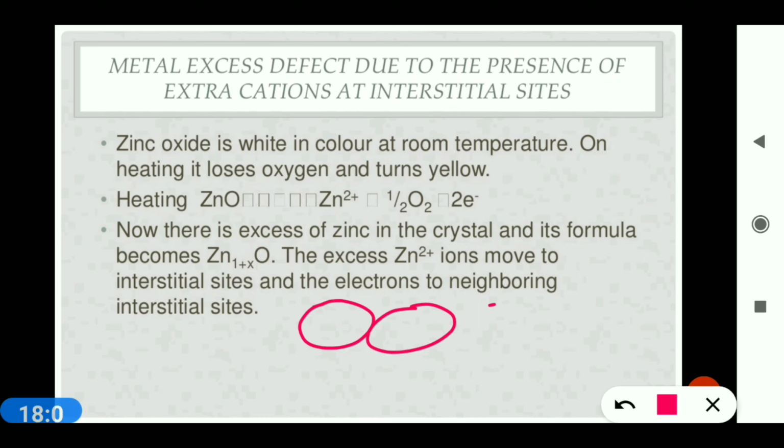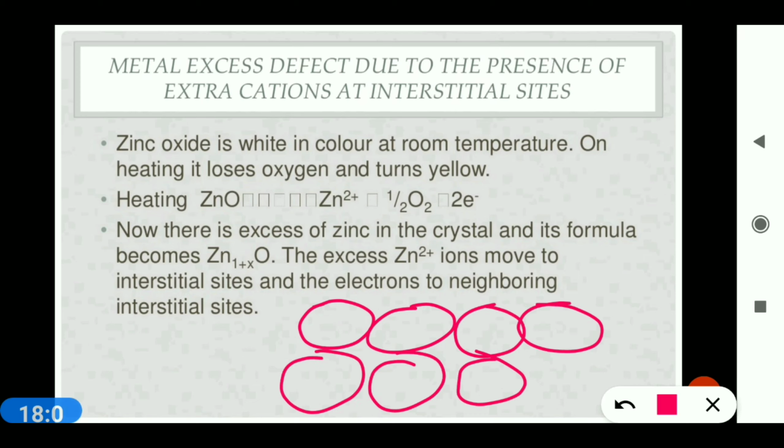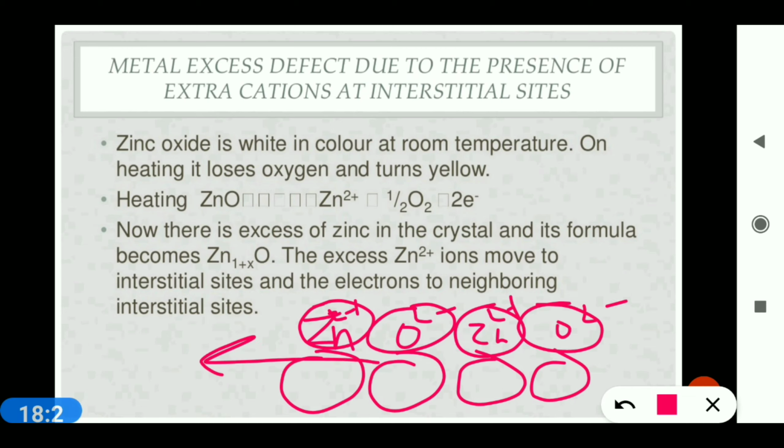For example, if your crystal lattice has regularly arranged particles, for example, Zn2+ O2-, Zn2+ O2-, in this way it is arranged. Now, if an extra Zn comes in the interstitial site, then what will happen?